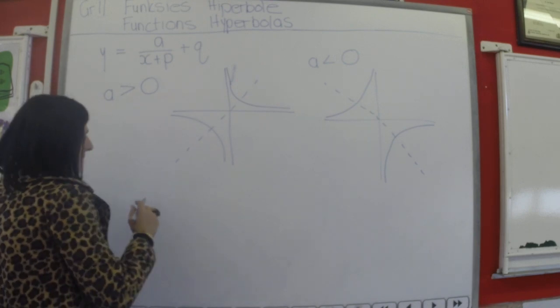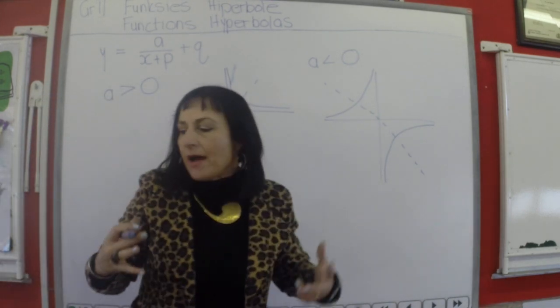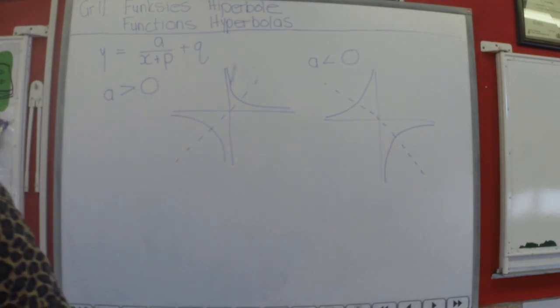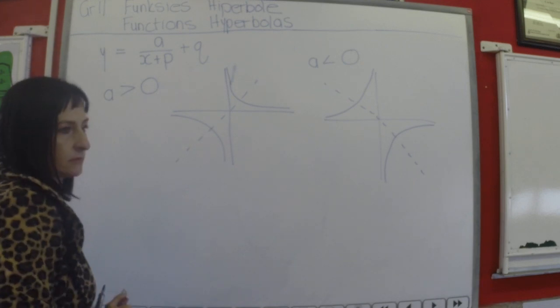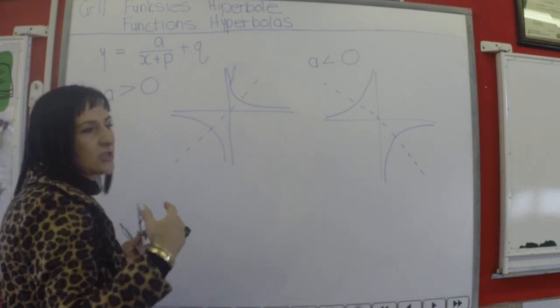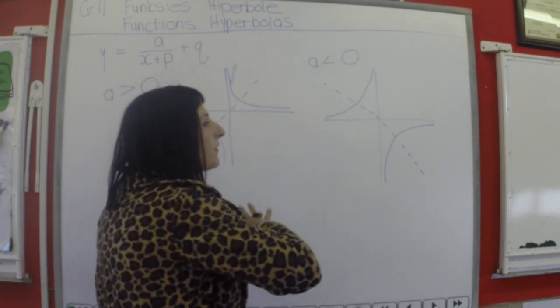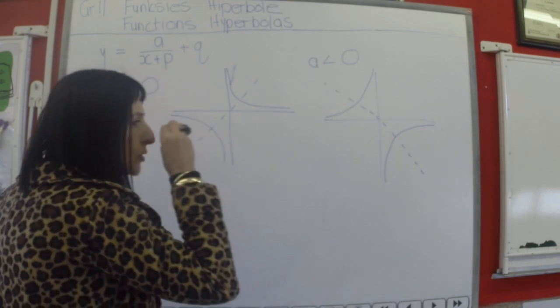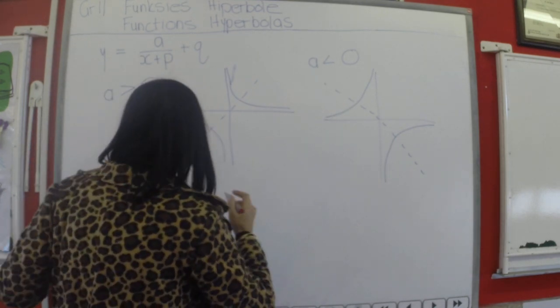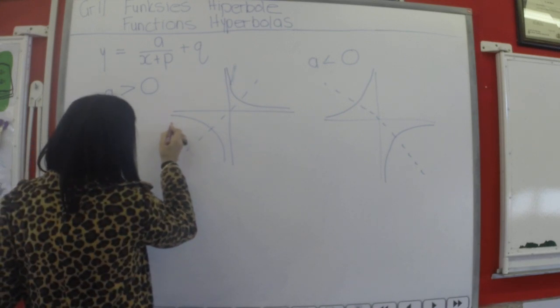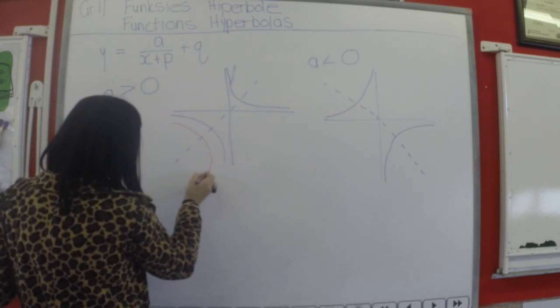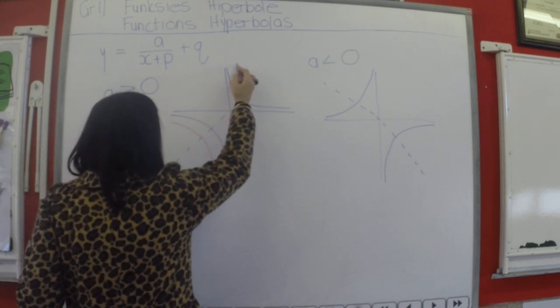If the A value grows bigger, die A-waarde word groter. Nou kyk ons glad nie na die teken. Forget about the sign. Whether it's positive or negative, forget about the sign in front. Just look at the value. If the value grows bigger, then this guy will get steeper.